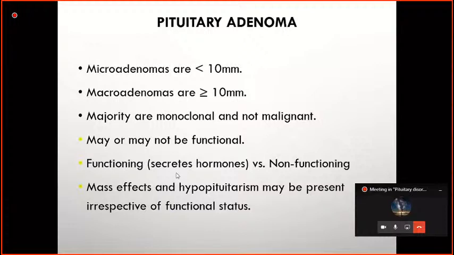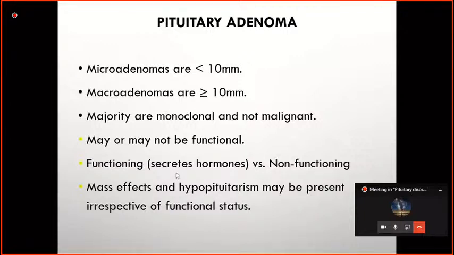When there is a microadenoma, usually there will be less mass effect, and if it's a functional adenoma, you would expect the increase in level is not so high as compared to a functional macroadenoma. Do you get me? So when there is an increase in the level of a certain hormone and it's very high, it is most likely to be a macroadenoma.